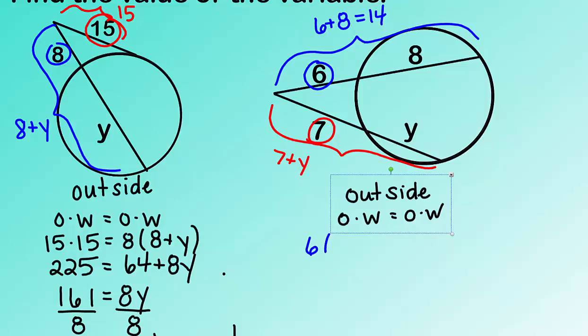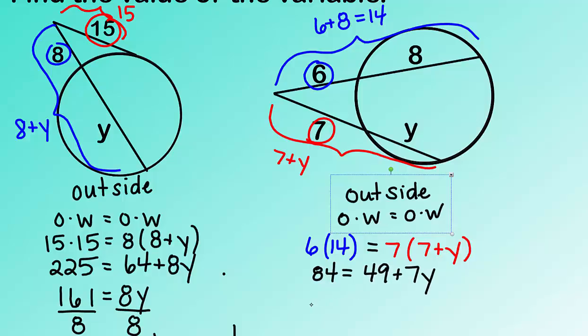So we have 6 times 14 and 7 times 7 plus y. That gives us 84 is equal to 49 plus 7y. If I subtract 49 from both sides, I get 35 is equal to 7y, so y is equal to 5.